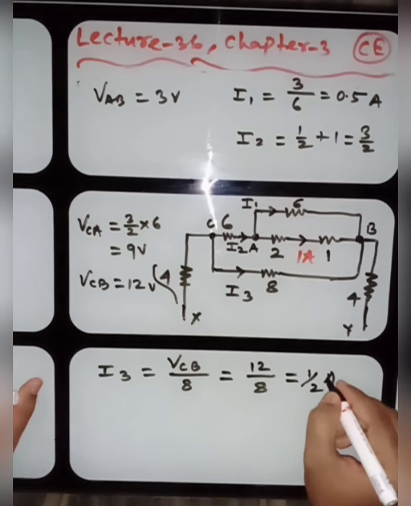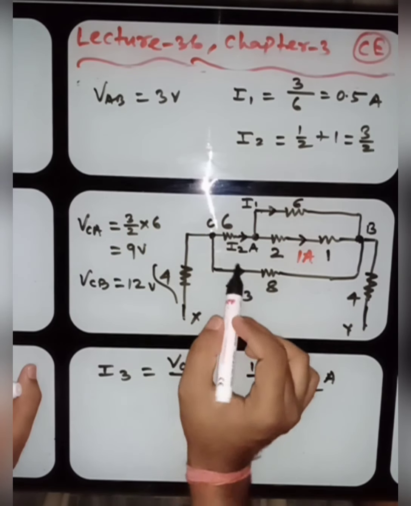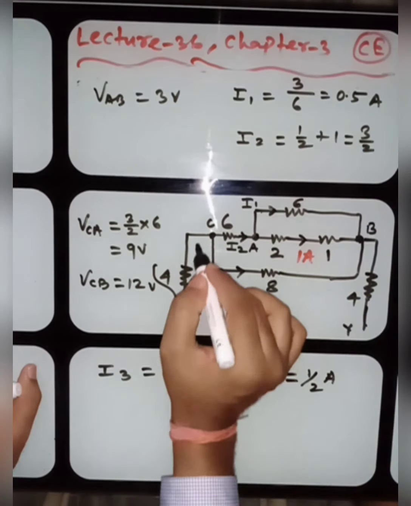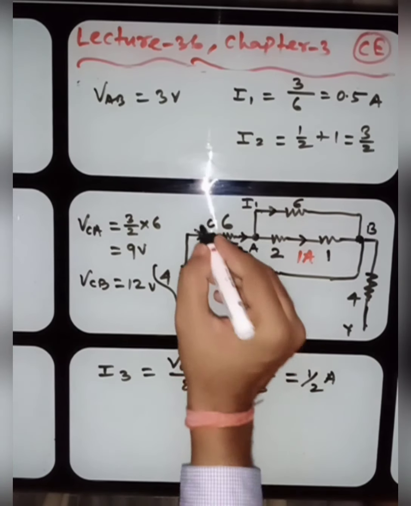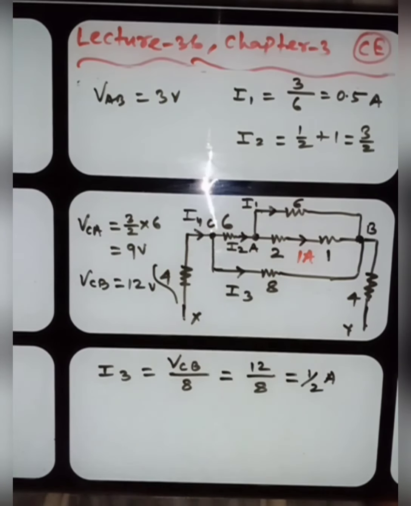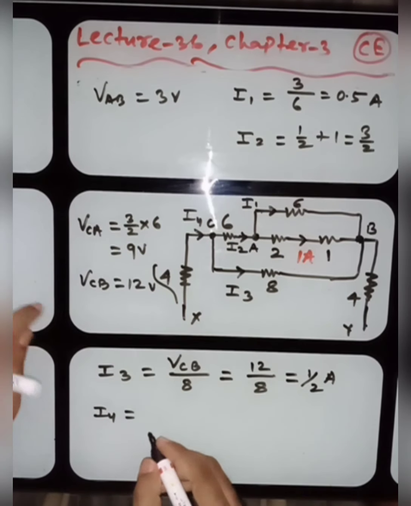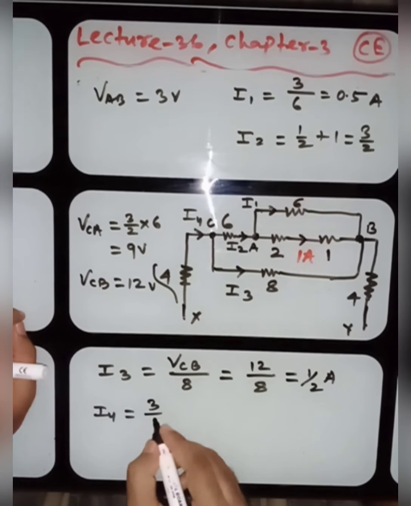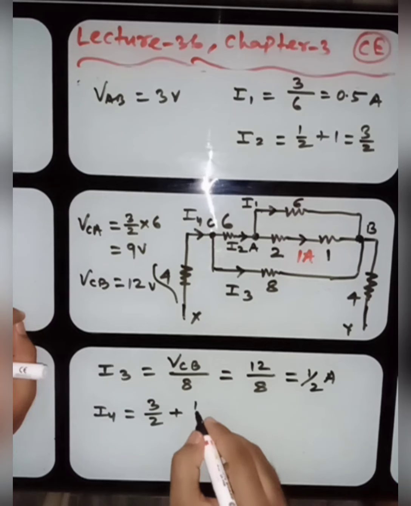Now if I3 goes through this one and I2 was 1.5, the total current moving from here, say it is I4. What will be I4? So I4 is 1.5, that is 3 by 2, plus I3, which is how much? It is half.